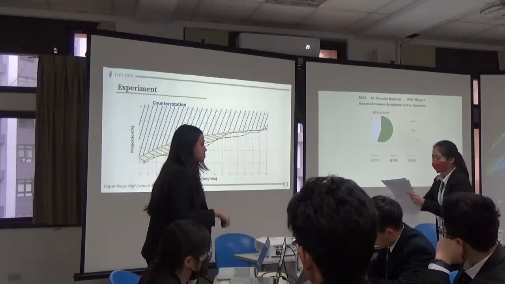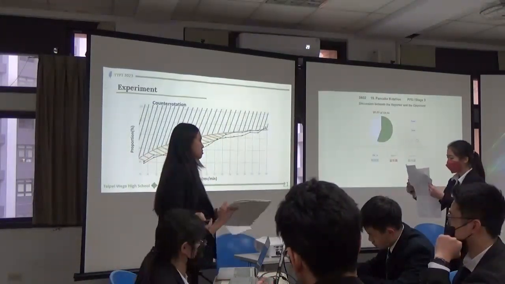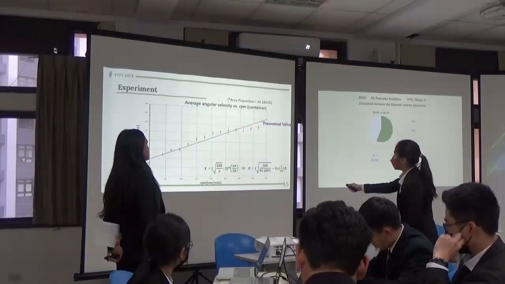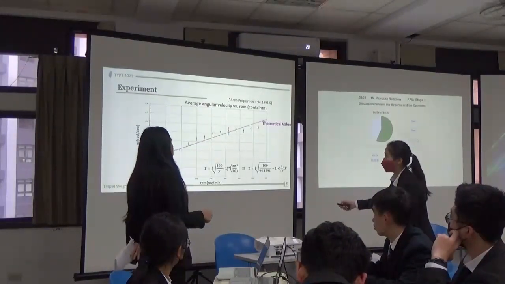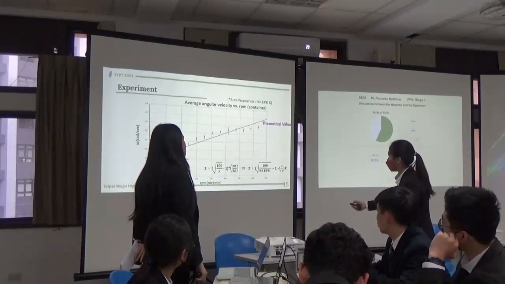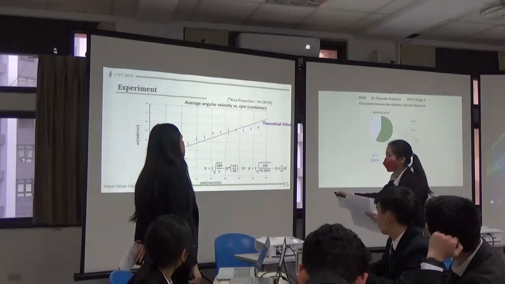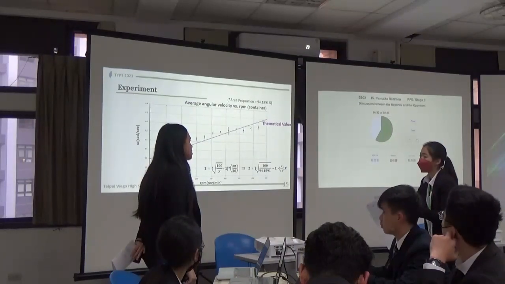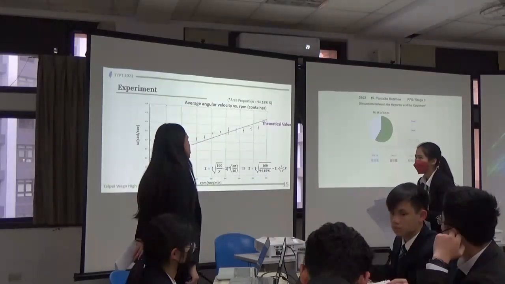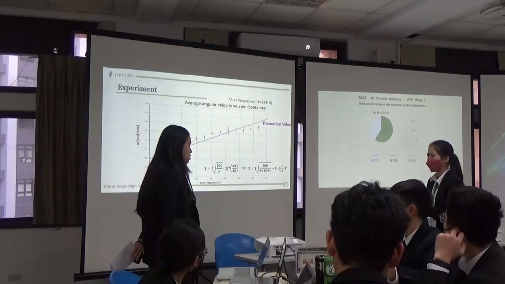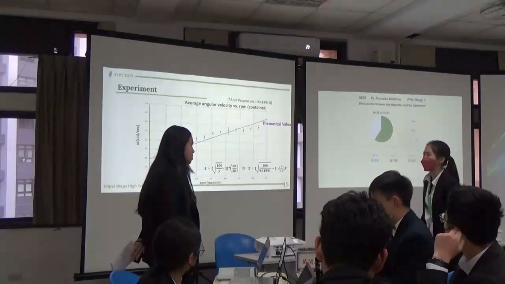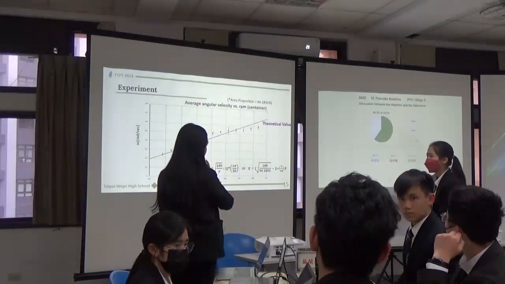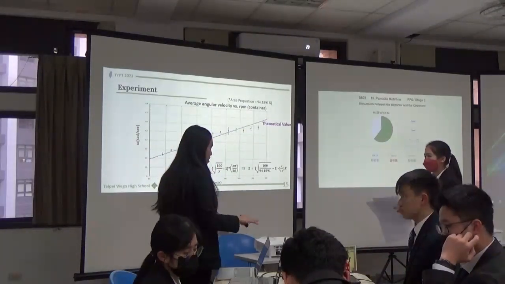Okay, very good. Could you please turn to page 15? How did you get the theoretical line? It's from which function? How did you define y? You mean y is a density, an area proportion. How did you calculate it? We use ImageJ. The area proportion is the area the marbles cover over the container's area.